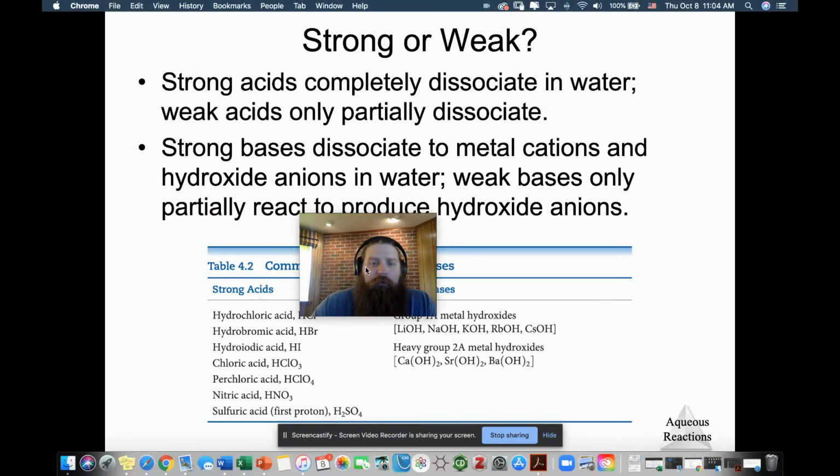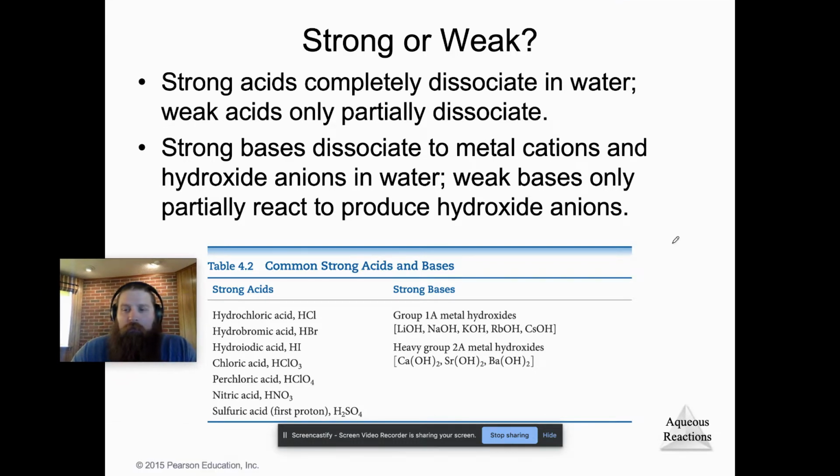Now, something that may be new, or not new, something that we're going to build on from last year, is the determination of whether or not acids are strong or weak. And we'll see this a lot more when we get to our unit on acids, but just so you know now, right, we just talked about those net ionic equations. We know dissociation in water is really important for ionic compounds.